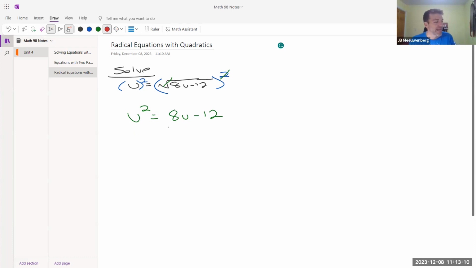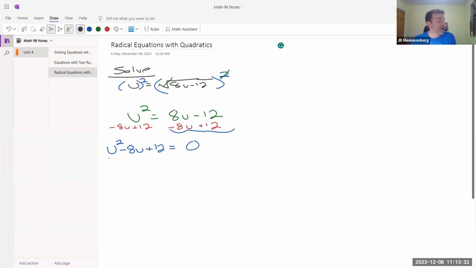So what we're going to do instead is move these two terms. We're going to subtract 8u and add 12, and over here on the left, subtract 8u and add 12. And what we'll see is we have u squared minus 8u plus 12 equals, and this is all gone. So we have 0. Don't forget to put the equals 0.